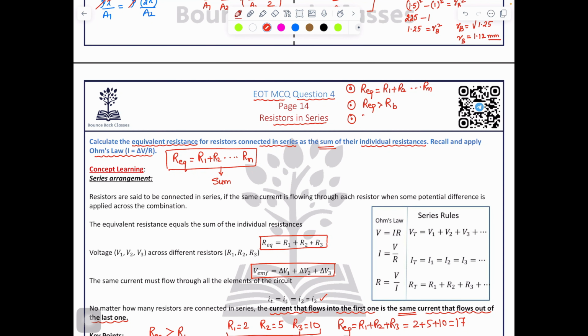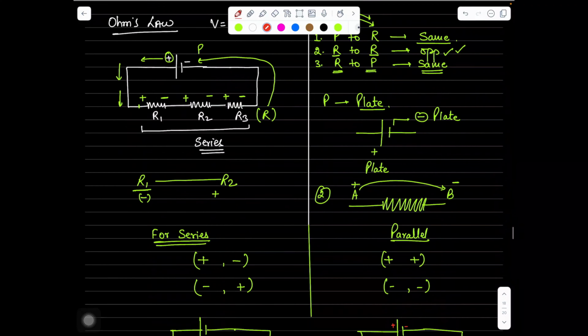Third, current I always remains the same. These are the three major points, and you can add one more point: total voltage should be equals to the sum of all the voltages. Clear? These are your learning points. Okay, now guys, time for the questions.